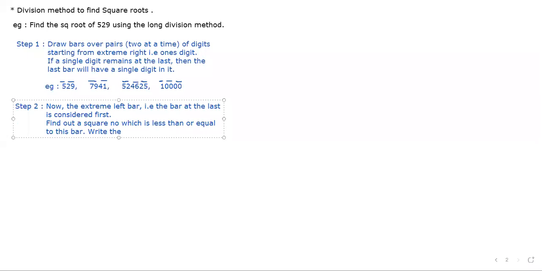Write the square root of this number as dividend as well as quotient.